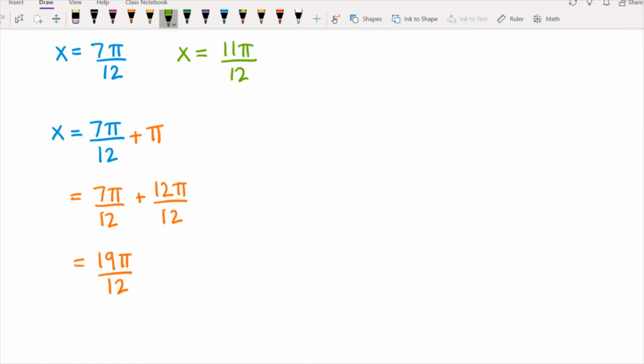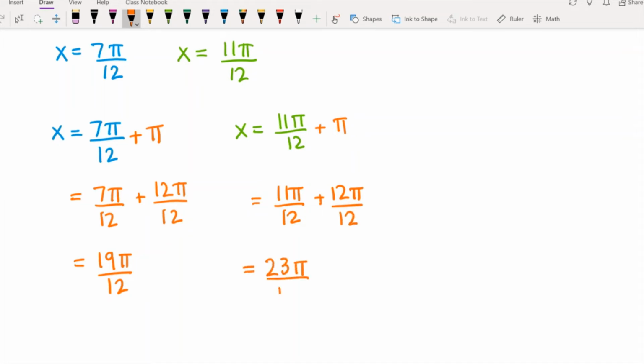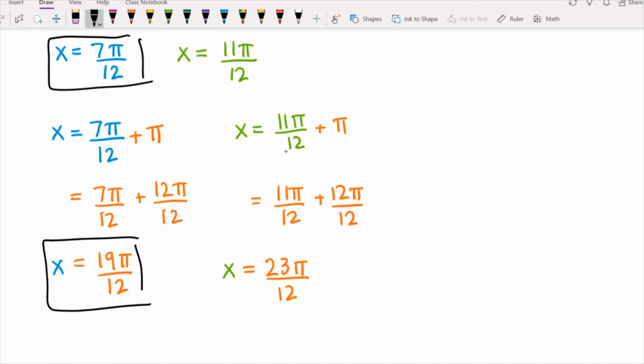And then for the second one, if we also add pi to that, that will give us another positive solution. So in this case, we would get 11 pi over 12 plus 12 pi over 12. So that would give us 23 pi over 12. So those are our 4 smallest positive solutions: 7 pi over 12, 19 pi over 12, 11 pi over 12, and 23 pi over 12.